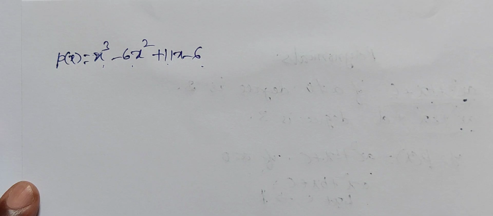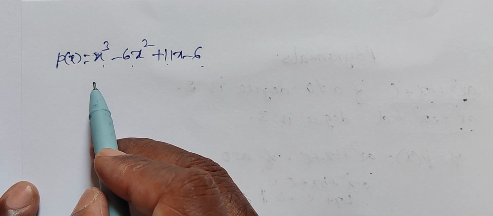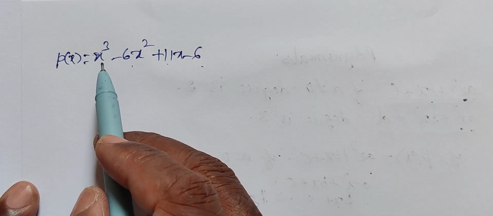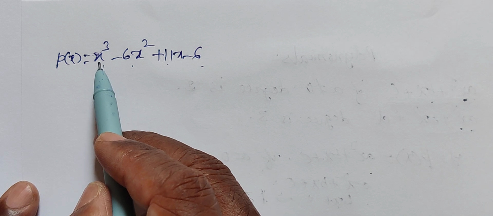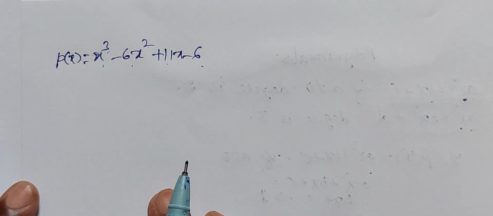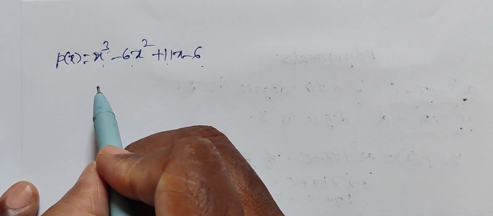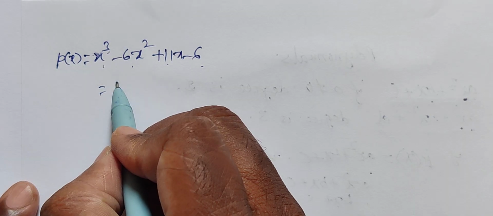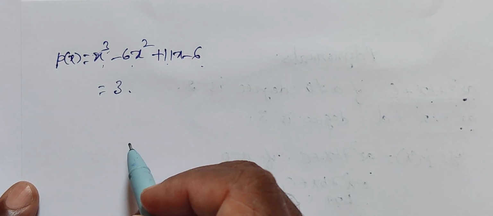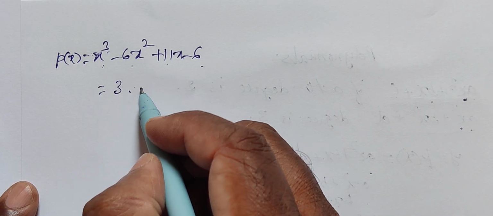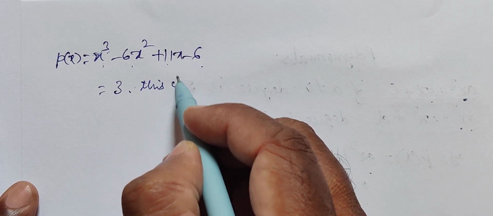No. From this example, the highest degree is the highest power, which is x cube, that is 3, and whose coefficient is 1, not zero. That means the highest power of x with a non-zero coefficient is 3. So this is the degree of the polynomial. 3 is the degree of the polynomial.